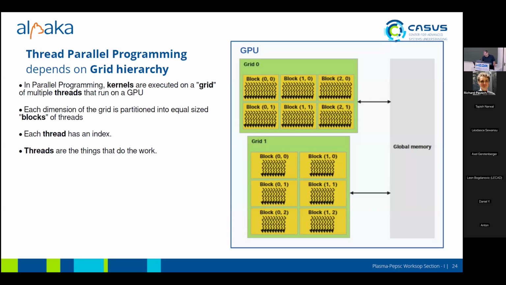In parallel programming, kernels are executed on a grid of multiple threads that run on a GPU. Threads are the pieces of a process that do the work. Each dimension of the grid is partitioned into equal-sized blocks of threads, and each thread has an index.